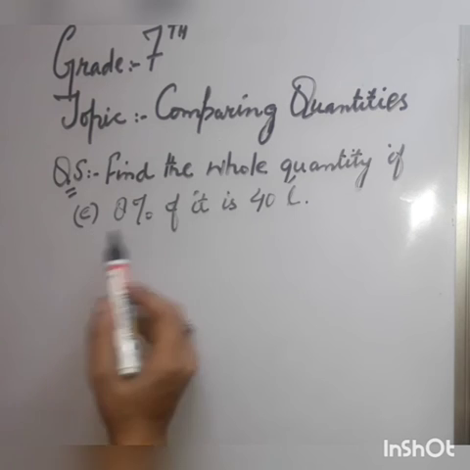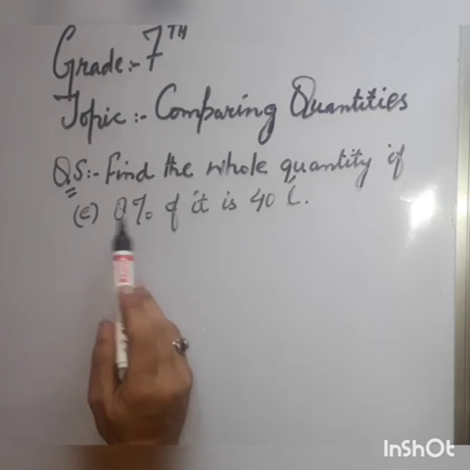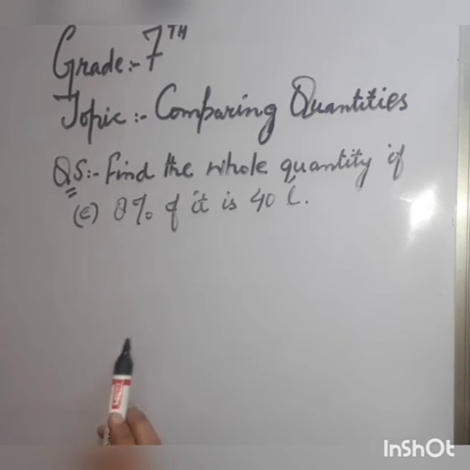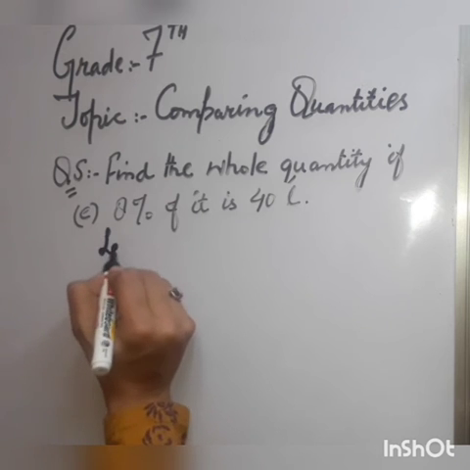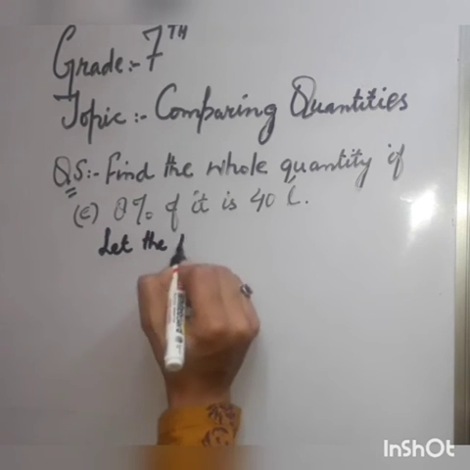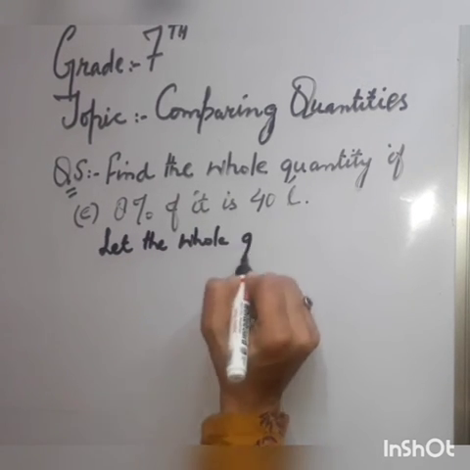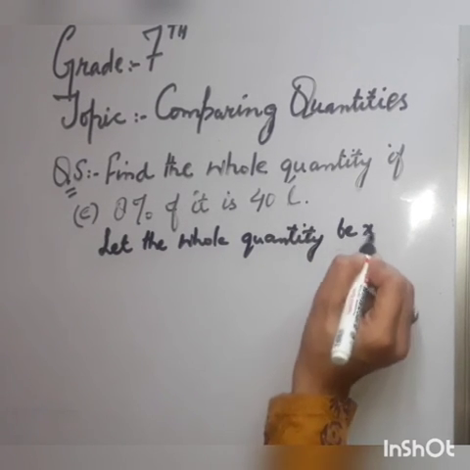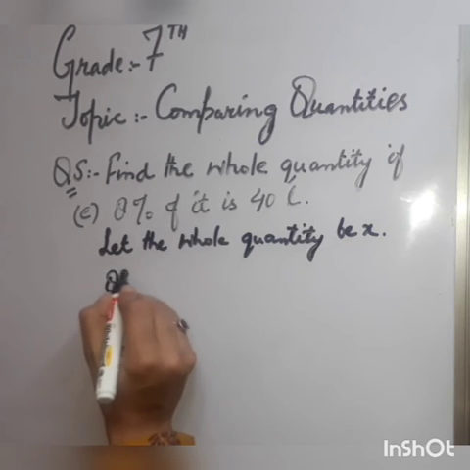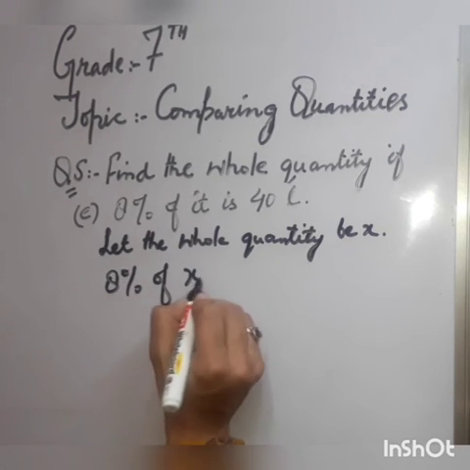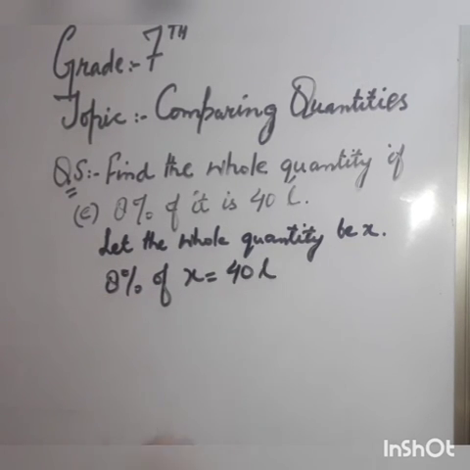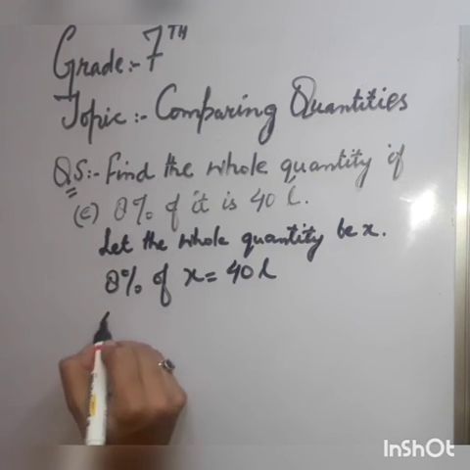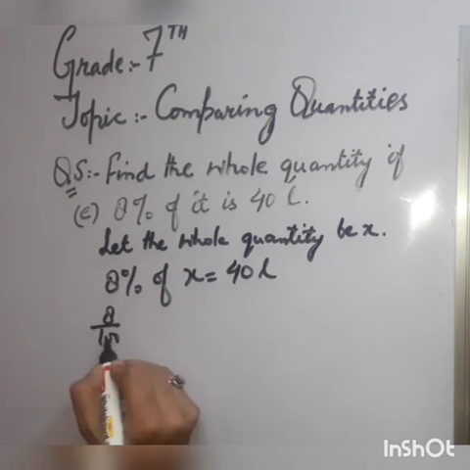Now part E is to find the whole quantity if 8% of it is 40 liters. So again we'll say let the whole quantity be x. Then we can write 8% of x is equal to 40 liters. Clear? This 8% can be written as 8 by 100.